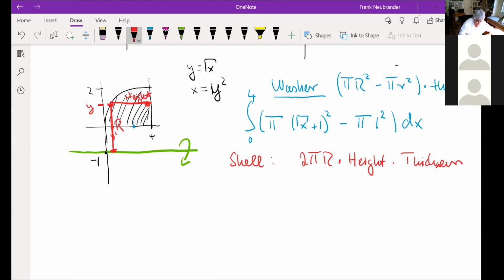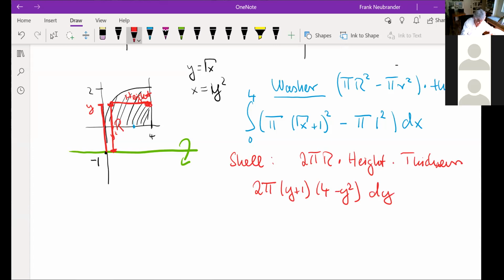So in my case, it is 2 pi. The radius, from here to here, it's y. From here to here, it's 1. So it's y plus 1. The height is the right, which is 4, minus the left, which is y squared. And the thickness is dy.